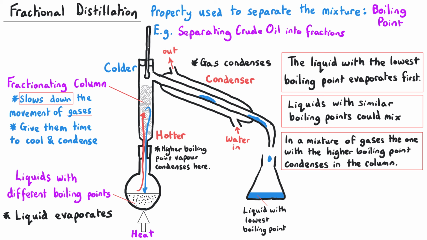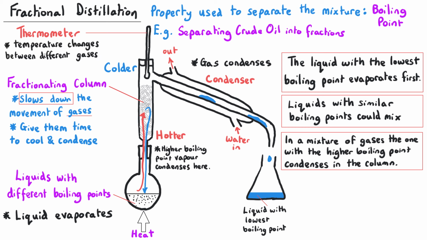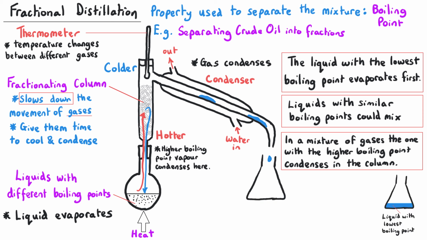And we can track this quite carefully using the thermometer that's at the top of the column. When the first liquid has been collected, you will notice a change in the thermometer when the next vapours start to move past. And so what that means is you can swap out this first conical flask and you can collect the next liquid in a new container.